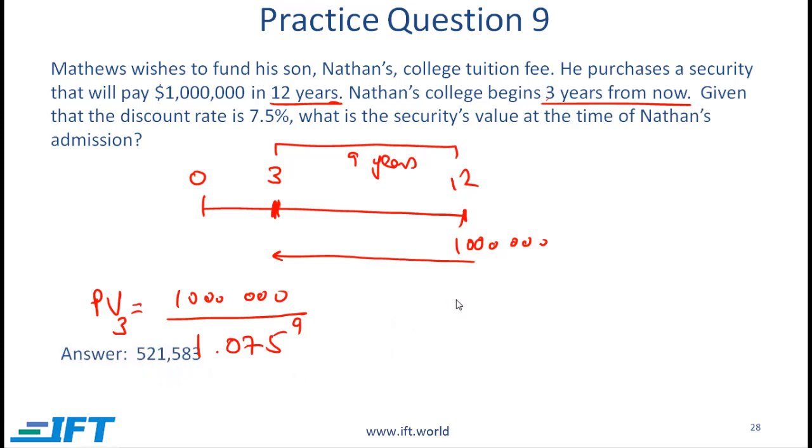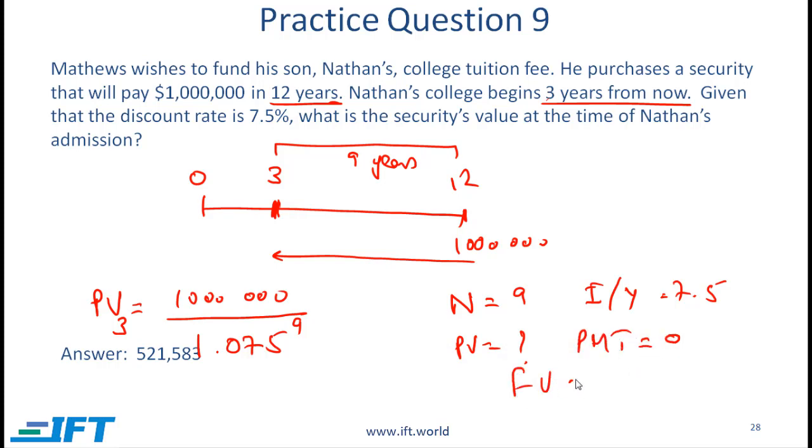On the calculator, you simply plug in n is equal to 9, the interest rate is equal to 7.5, the PV is what you are going to compute, payment 0, and FV is equal to 1 million.